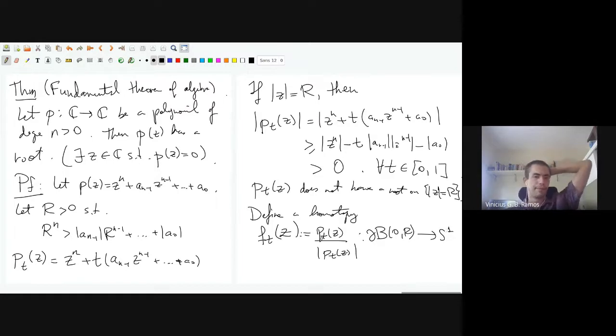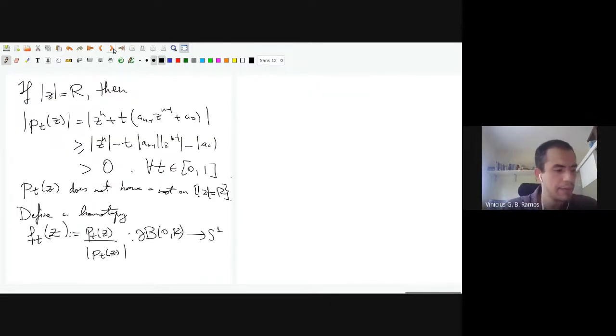Okay? And, of course, F_1 is equal to P_1 over norm of P_1, and F_0 of z is just z to the n over r to the n.